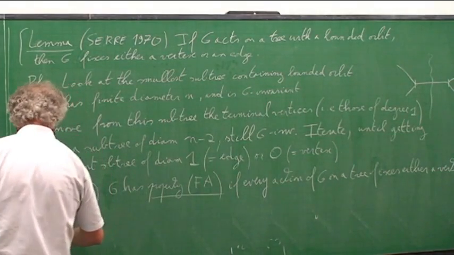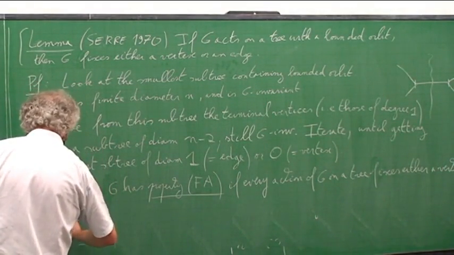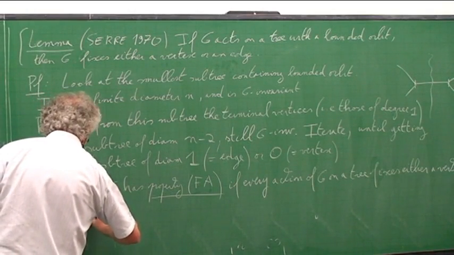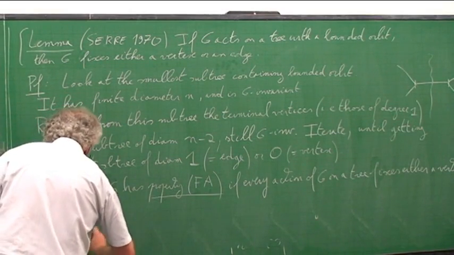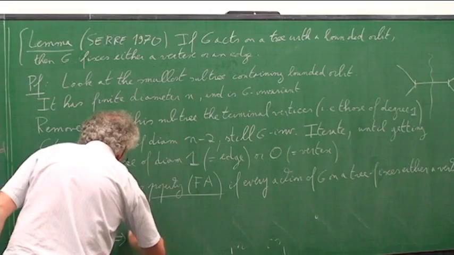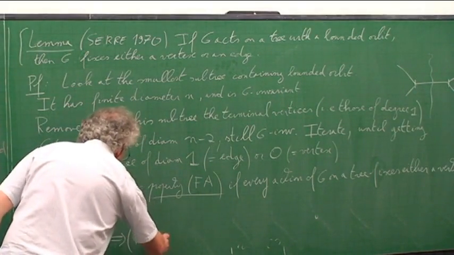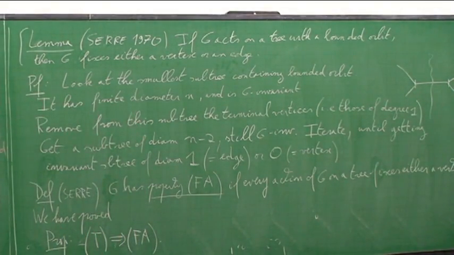And so what we have proved is the following proposition: property T implies property FA. Okay, I think it's a good point to start.